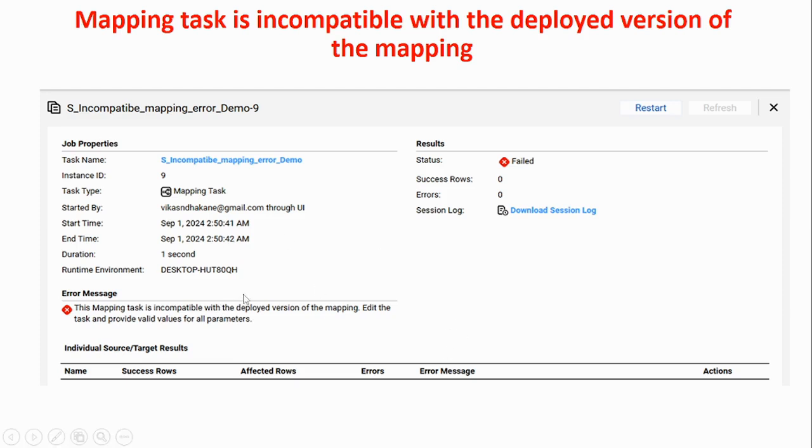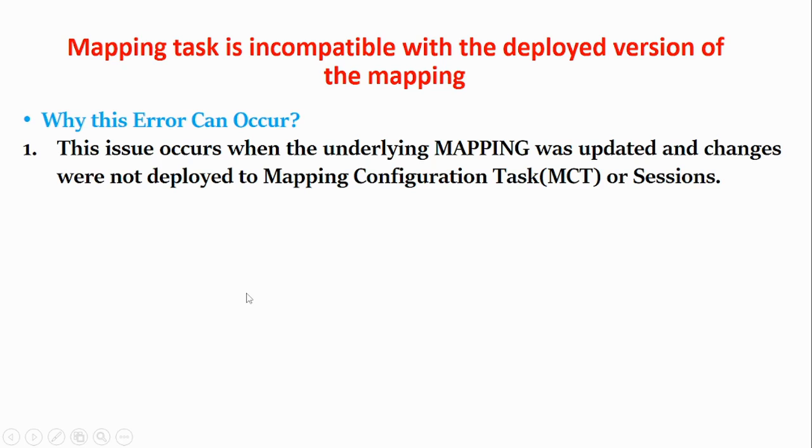Let's see the reason behind this error. In simple language, this issue occurs when the underlying mapping was updated and the changes were not deployed to the mapping configuration task or session.